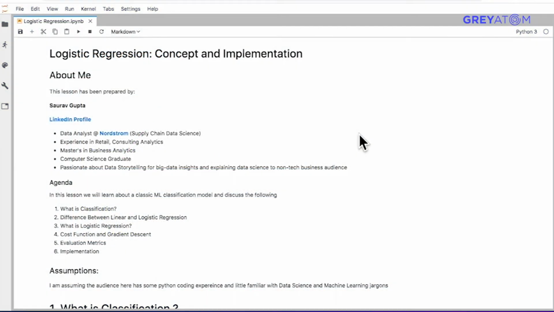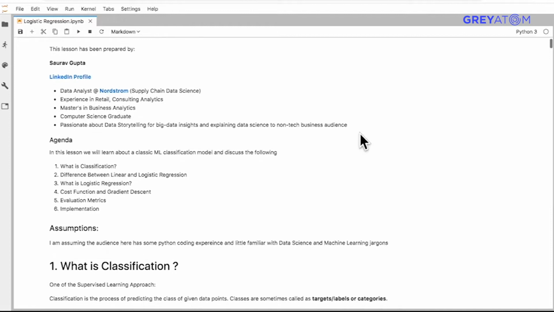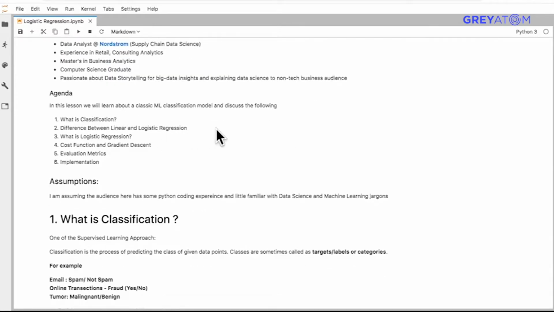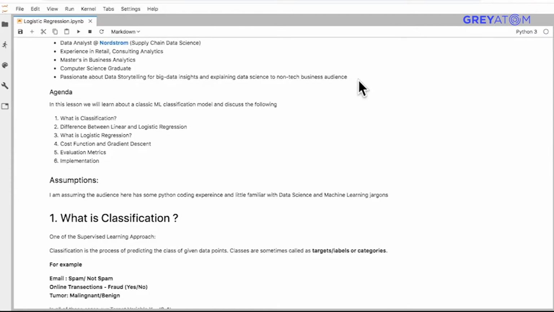This webinar is all about logistic regression, a classic classification example. We're going to learn some concepts about logistic regression and its implementation via sklearn in Python. Let me start with the agenda. We'll cover what exactly classification is, how classification differs from linear regression, what exactly logistic regression is, and how we calculate a cost function.